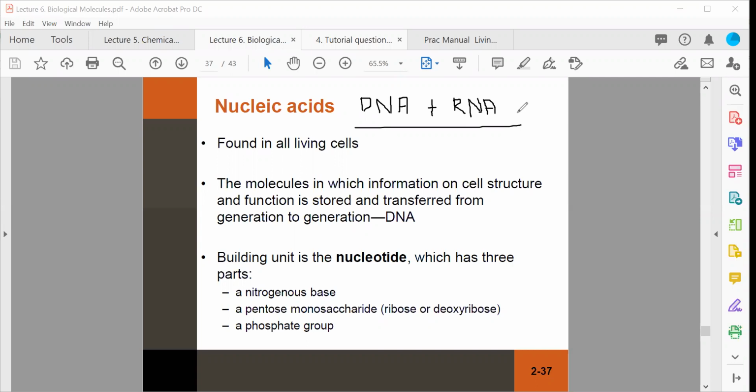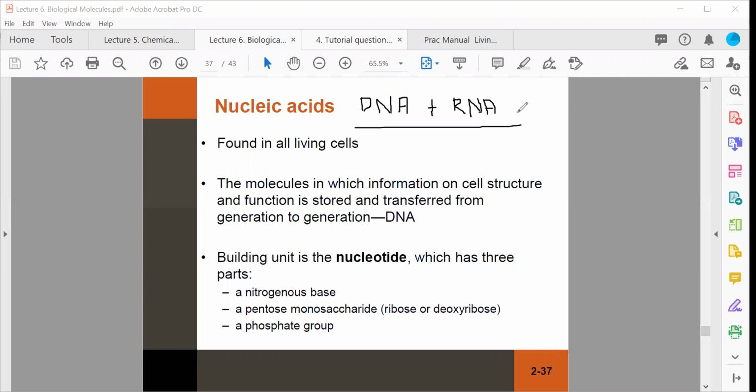All right, so back to nucleic acids. They are found in all living cells. DNA is the nucleic acid molecule in which information on cell structure and cell function is stored. And this information is transferred from one generation to the next. So an incredible molecule.